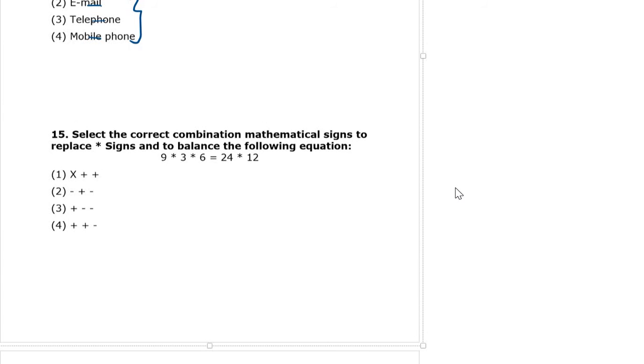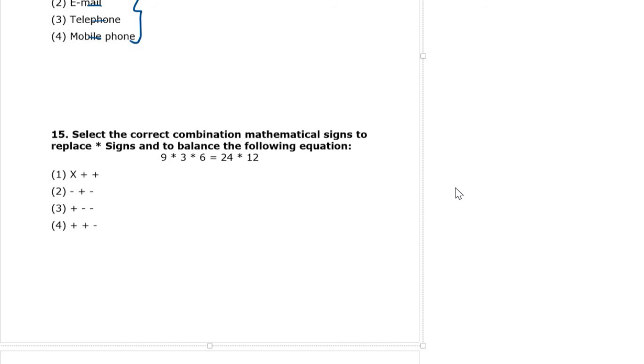15th one. Select the correct combination of mathematical signs. So you have to replace the star by some sign, then you will get the answer. If you put the first option, 27 plus 6 is 33, but it is 36. So the first one is not possible.